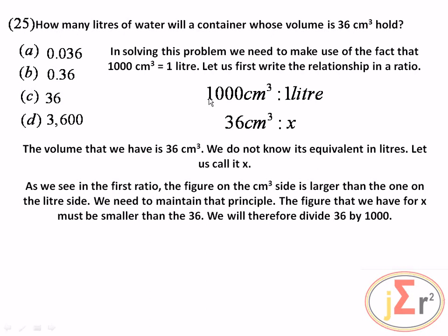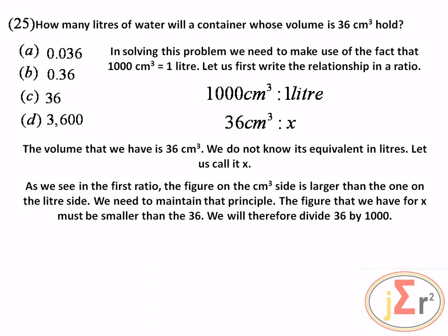So we have a large number here, small. What we need here is to have the same thing happening. The one that we have on this side is large and the one on this side is small. We therefore achieve that by dividing by 1000. And of course, we have other ways of using the ratios to solve problems that we have in the presentation of the multiple choice practice papers.